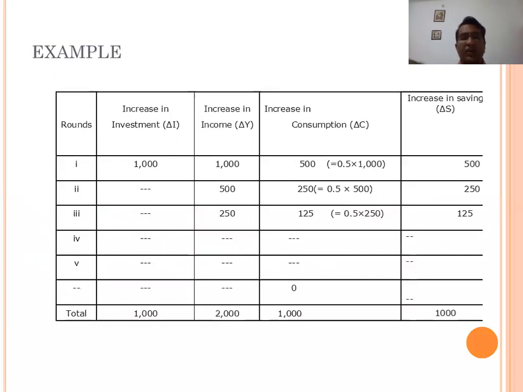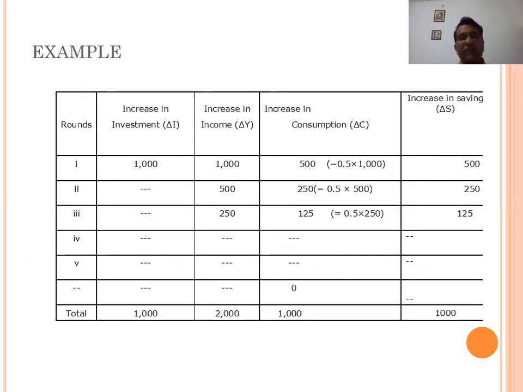The 500 consumed becomes income in the next period. Out of that, as per MPC 0.5, they spend 250 and save 250. The money which they save is again leakage. The 250 which they spend becomes income in the next period. Out of that, as per MPC 0.5, 125 they spend and 125 they save.